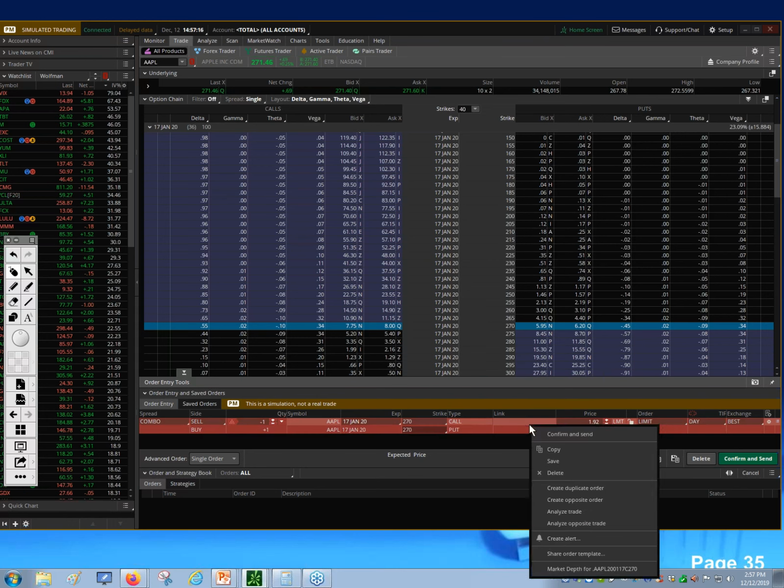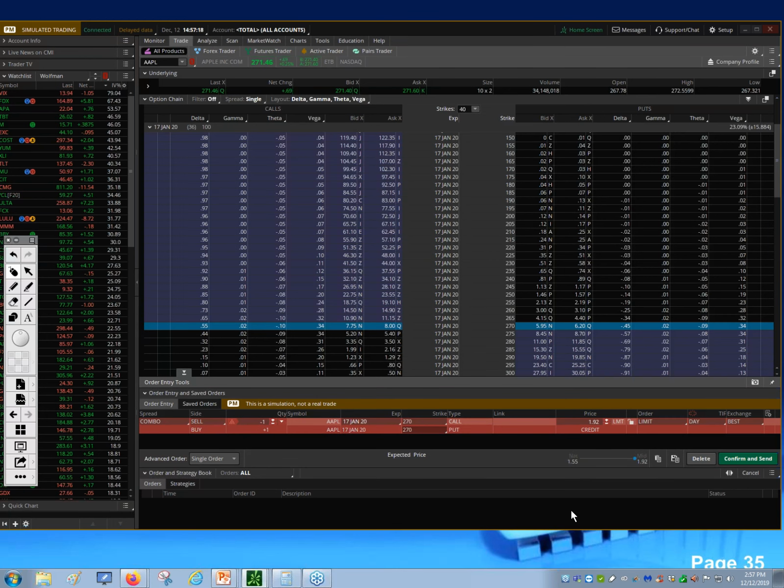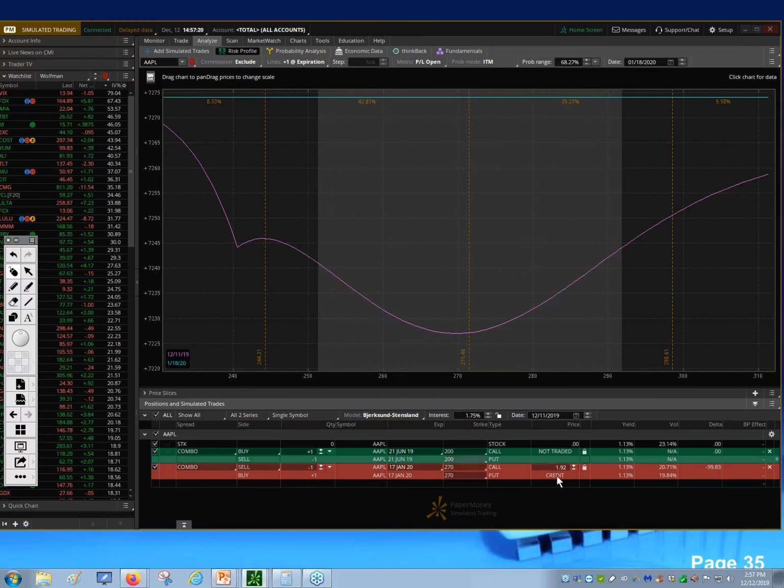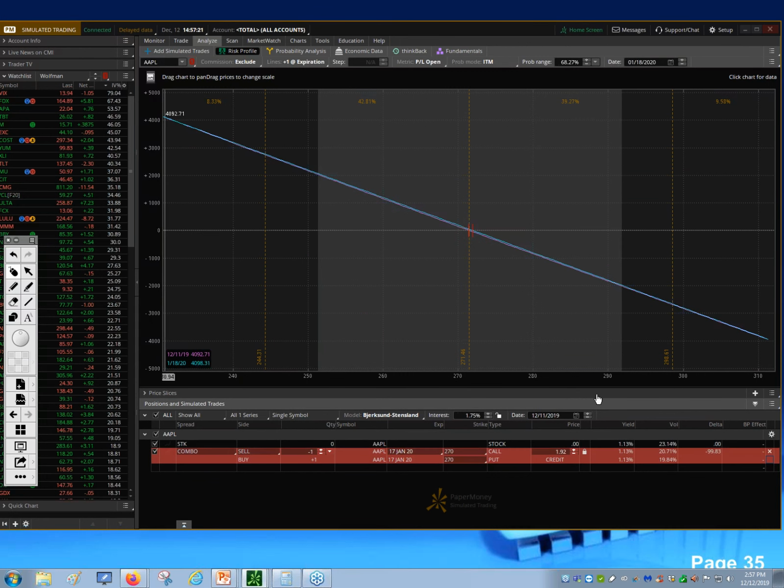We can go over here to the Analyze tab real quick and analyze that trade. I've got something else in there, so let's forget about that. You can see that it will perform the same, and your deltas are just slightly off. This is what I was talking about. It's not always going to be exactly 100.